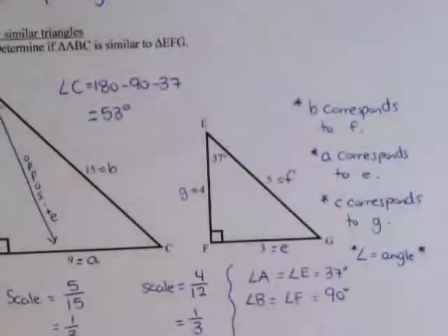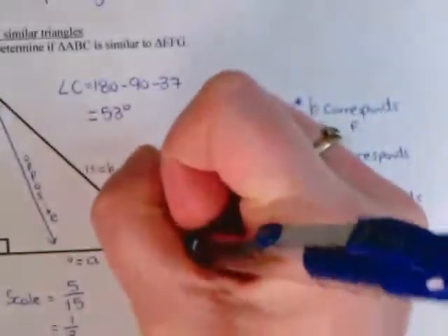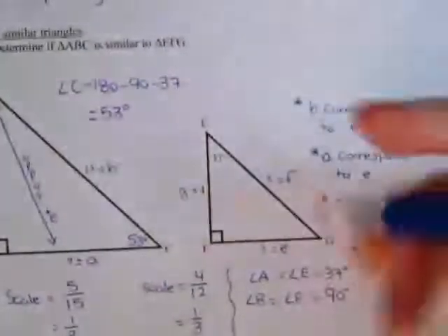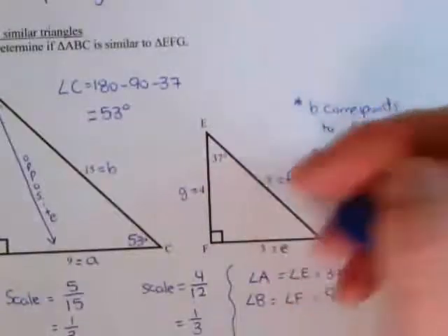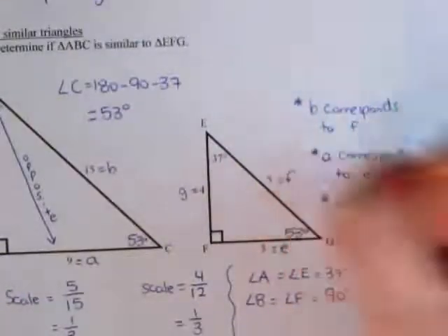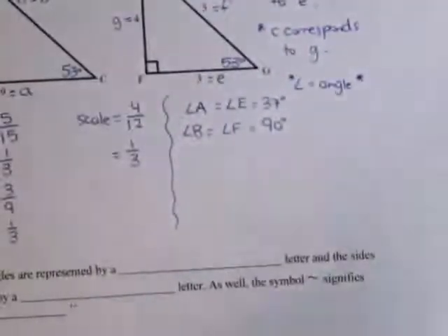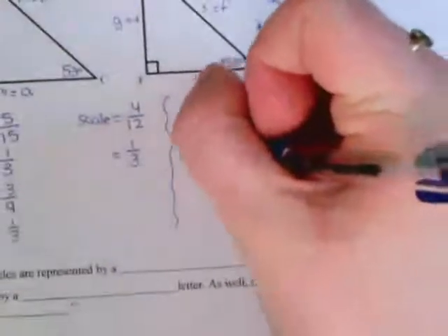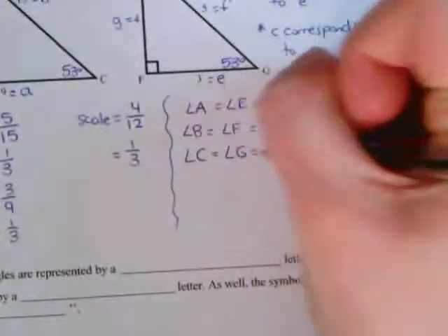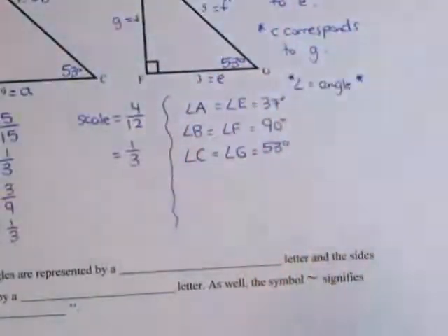So 53 degrees is for angle C, and because it's the exact same numbers in triangle EFG, angle G would be identical as well. So then we go back to our work here to show off our work. And so we have angle C equals angle G, which equals 53 degrees.